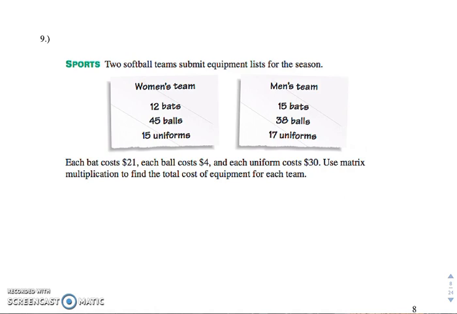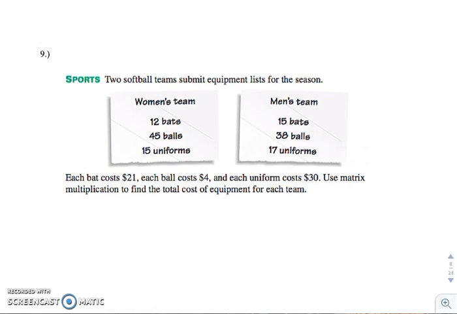Each bat costs $21, each ball costs $4, and each uniform costs $30. So, using matrix multiplication, find the total cost of the equipment for each team. We know that regardless of whether it's the men's team or the women's team, each bat costs $21.